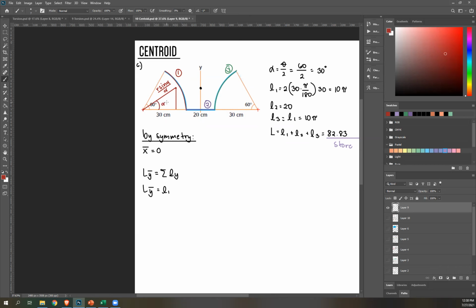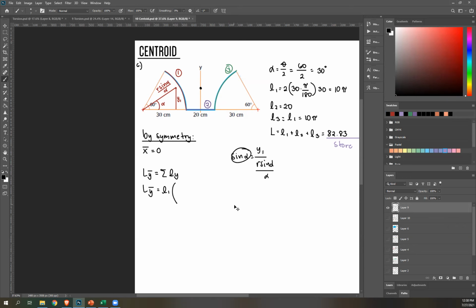Using trigo functions, this height of your right triangle is the distance of your centroid to your x-axis. So that's your y1. To get that, I'll separate the solution here using sine. Sine alpha equals opposite y1 over hypotenuse r sine alpha over alpha. Therefore, y1 is r sine alpha over alpha times sine alpha.